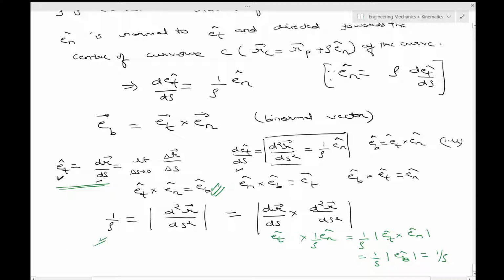So that's why this statement written in black, 1 by rho is equal to modulus of dr by ds cross d2r by ds square, is true. This would be called equation 1.23.